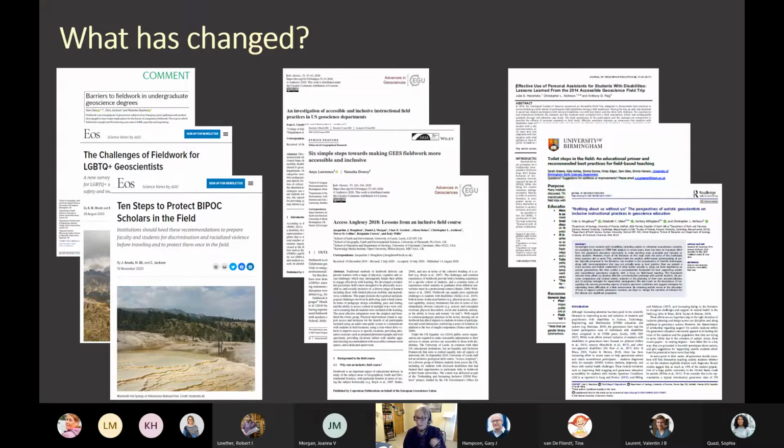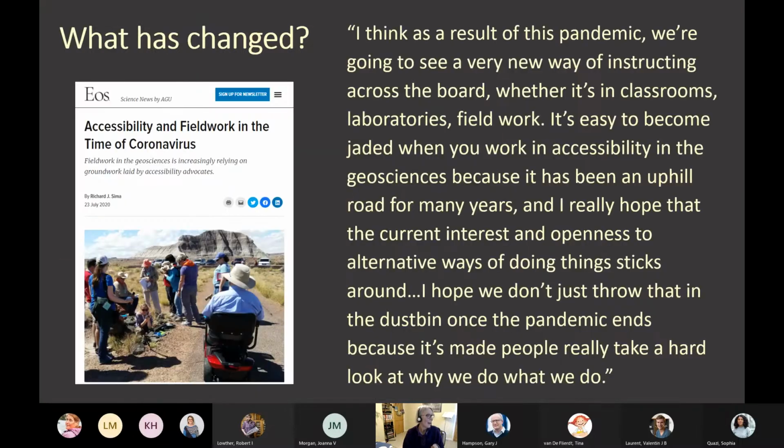Of course, the big elephant in the room that I haven't mentioned is that also, since we ran Access Anglesey, we've had a pandemic, which hopefully we are starting to move away from. But what the pandemic has done is it has really forced us very critically to look at the way in which fieldwork is delivered and to make very substantial modifications and adjustments to the way that we deliver our undergraduate fieldwork.